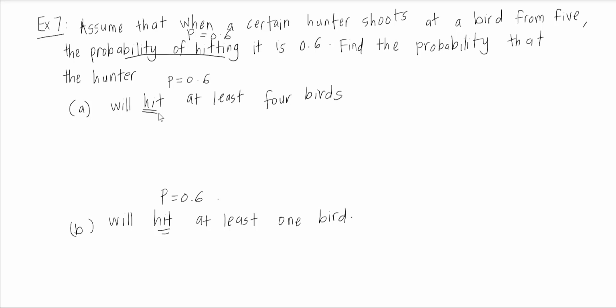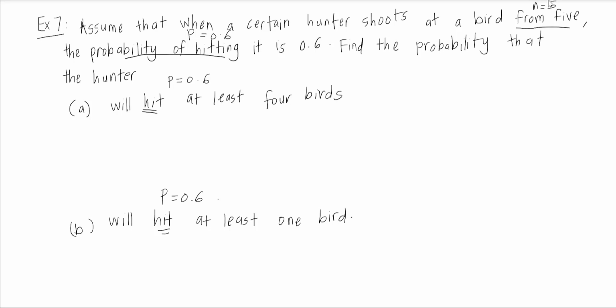Now, the certain hunter shoots at a bird from 5. We have the words from 5, so this is the number of trials. That means your n is equal to 5.